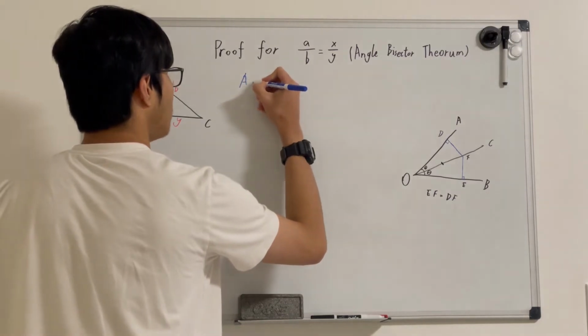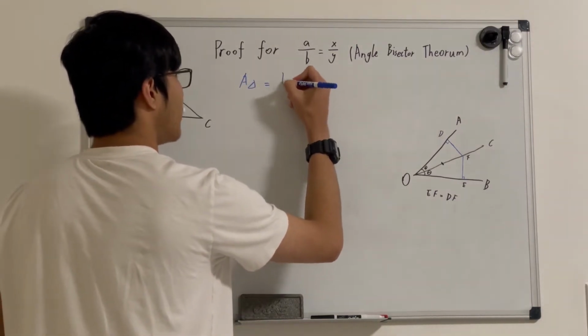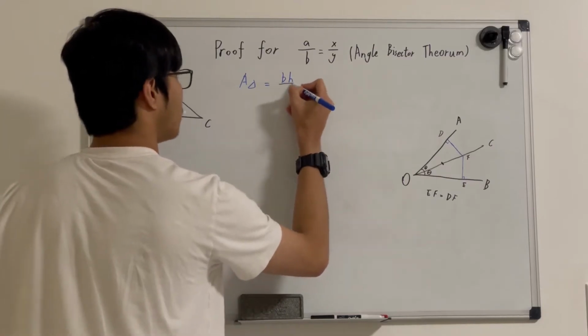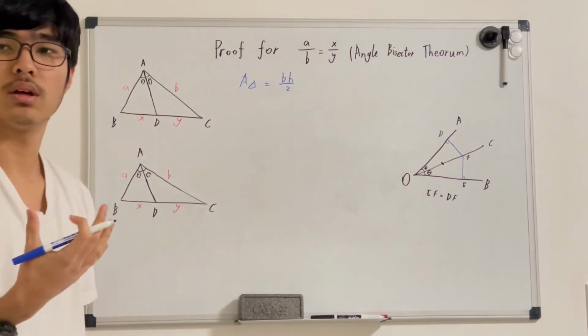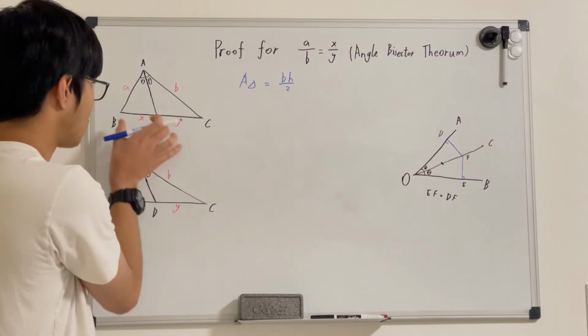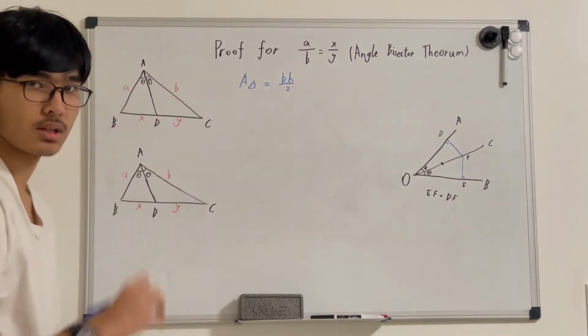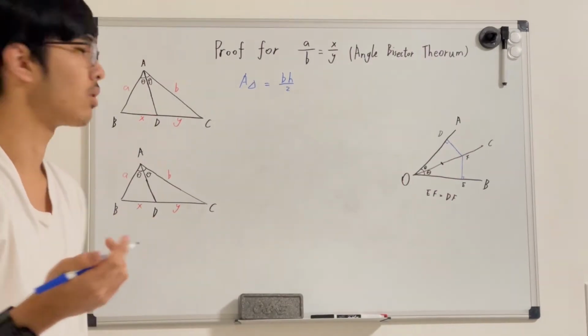Cool? Okay. Now, in this question, we will try to draw some heights, because as we all know, the area of any triangle equals base times height divided by 2. So we may want to find the height of some triangles, because most of the sides are already labeled, in order to continue our proof.